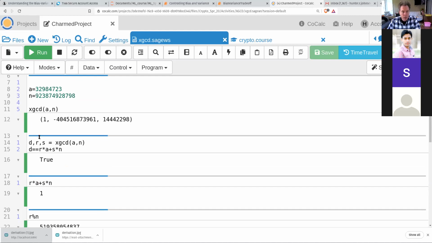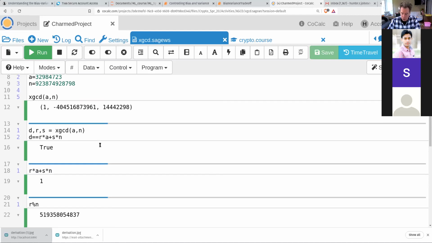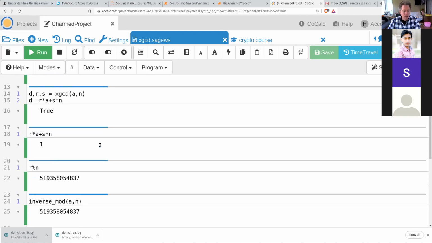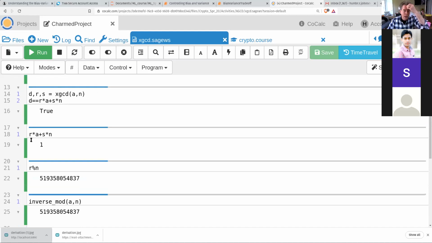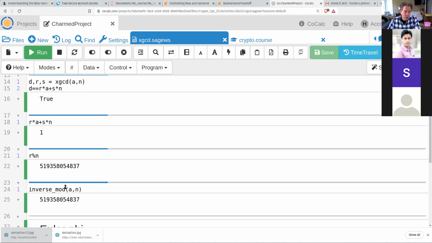So we've succeeded in expressing the GCD as a linear combination of A and N. And these 2 numbers are the coefficients used for the expression. So now if I take the thing that gets multiplied by A and reduce it mod N, what I get is the inverse of A mod N.